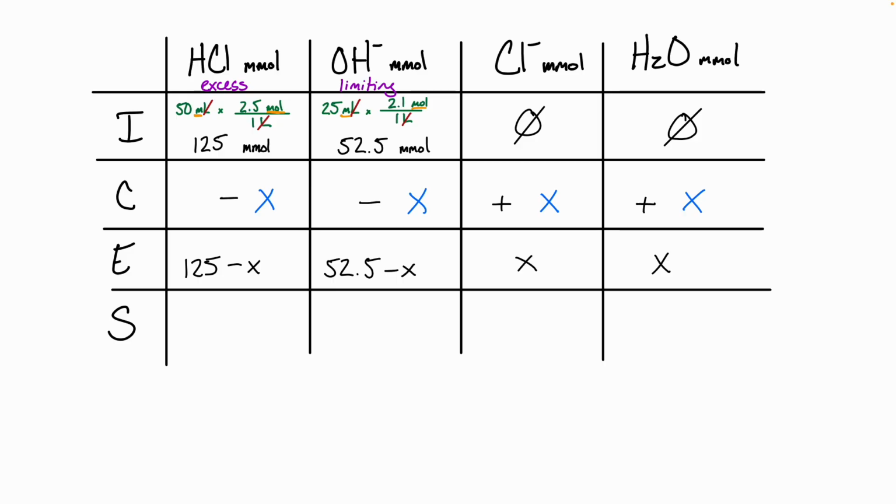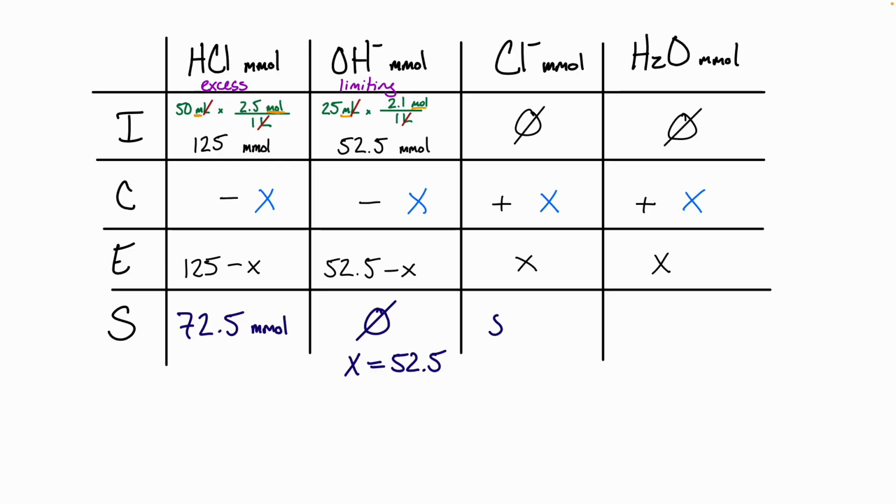All right, well, since this reaction goes 100% to completion and my hydroxide is limiting, that means all of that hydroxide is going to get consumed, meaning my value of x must be 52.5. So plug this in across the way here, we get 72.5 millimoles of our HCl remain.